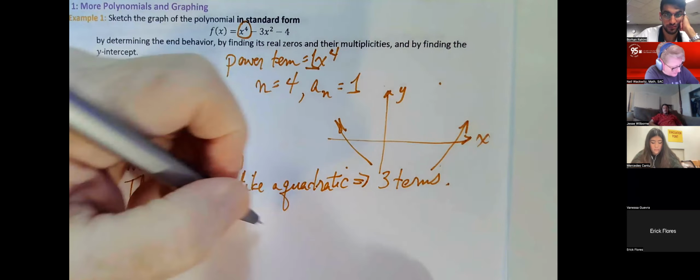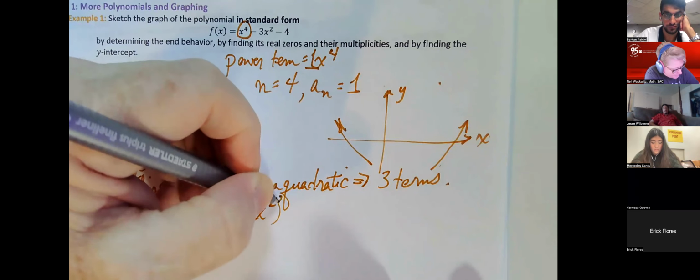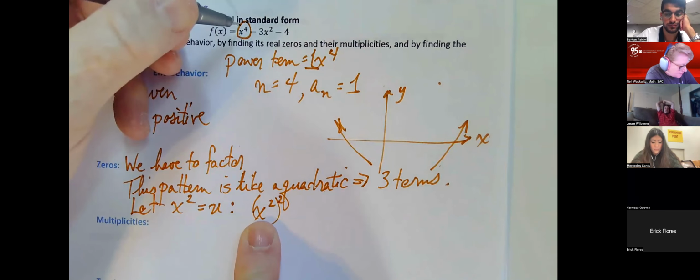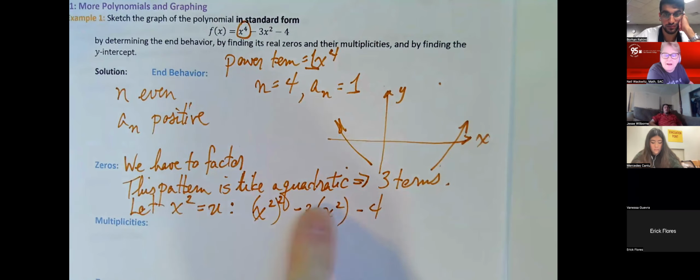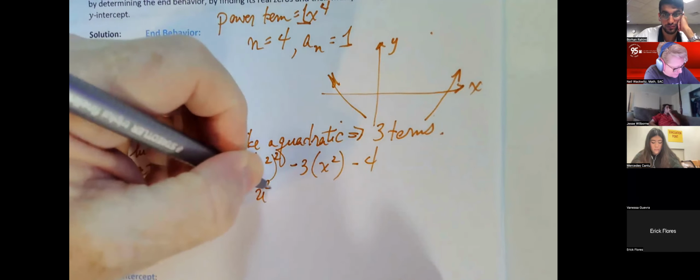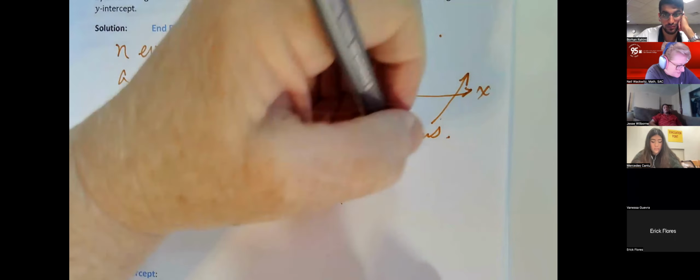Is x to the fourth the same as x squared squared? So I've got x squared squared minus 3x squared minus 4. Every x squared, I'm going to replace with u. So I have u squared minus 3u minus 4, and we're setting that equal to 0.